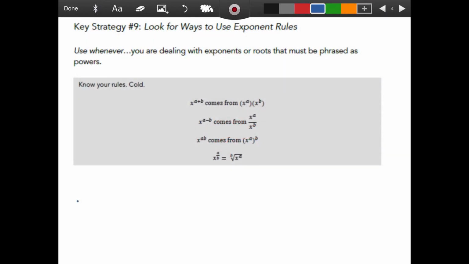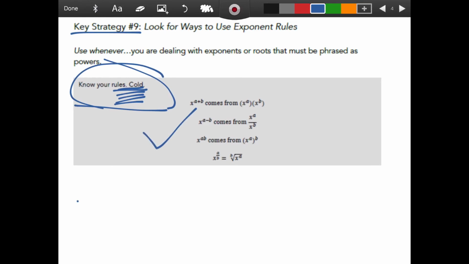Okay, so we did exponents way back in February, but it is a key strategy for the test, and we want to look for ways to use those exponent rules. Very, very simple. We want to know our rules cold. We want to have these ready to go at a moment's notice, right? When we're multiplying them together, it's like we're adding them.